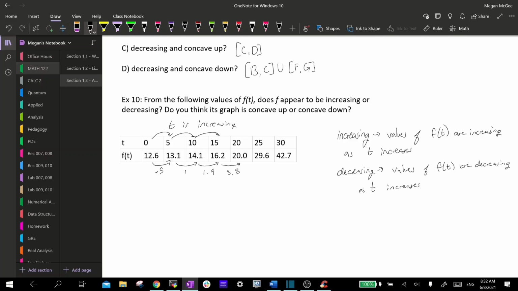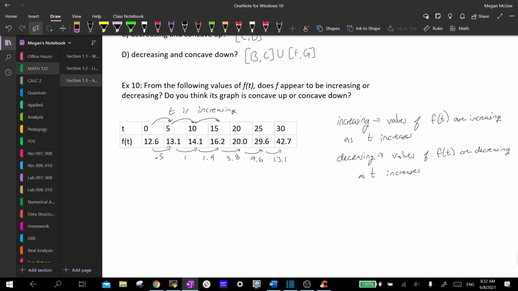This is a 3.8 increase. This is a 9.6 increase. And this is a 13.1 increase. So the function values of f of t are increasing as t increases. So the function f appears to be increasing.